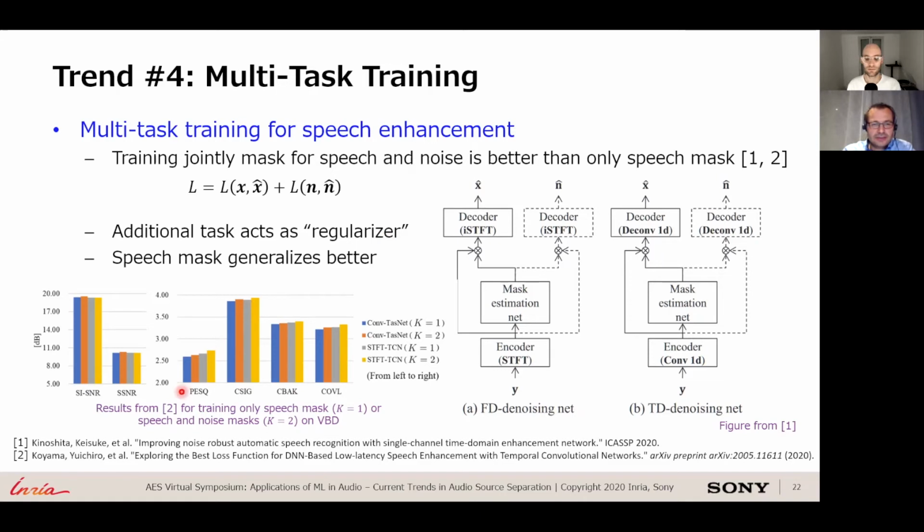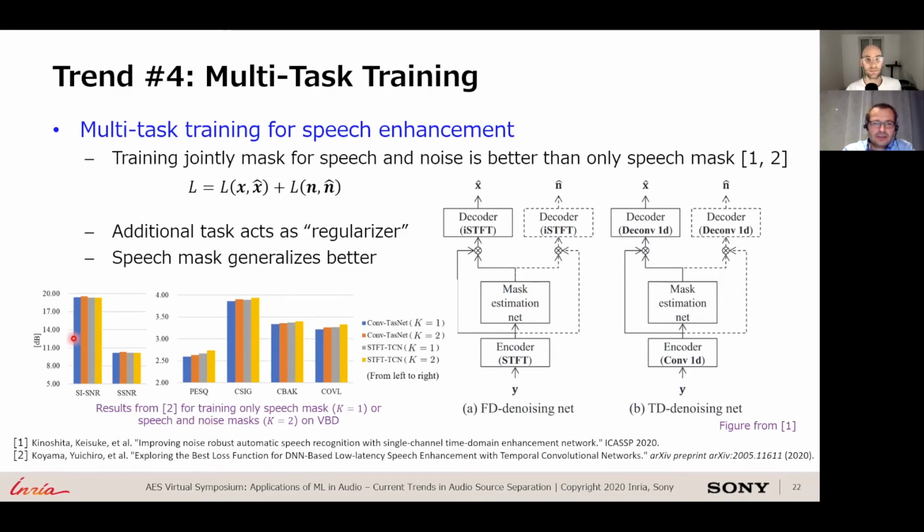And here are results from a colleague at Sony, where he trained a system which only predicts the speech mask, or which predicts speech and noise masks at the same time. And we are only using the speech mask at the end for the speech enhancement, but here for k equal 2, both masks are trained at the same time. So this is like multitask training.